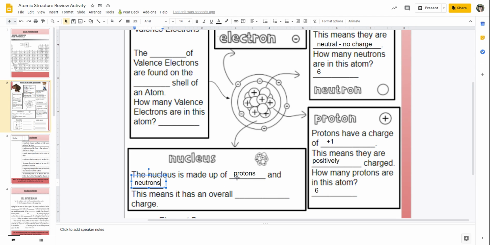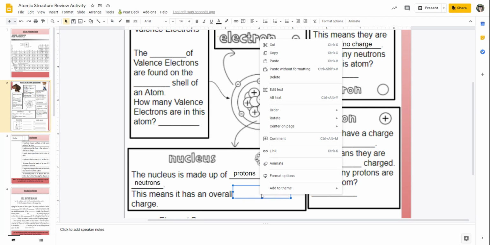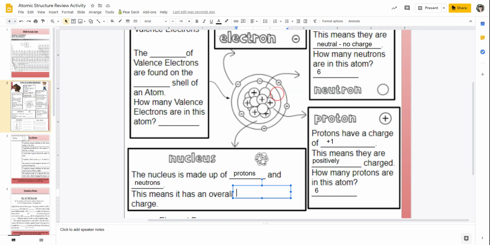The protons have a positive charge. The neutrons have a neutral charge, which means none. Since there's no charge on the neutrons, the charge of the nucleus is basically based on the charge of the protons, which means it's going to be an overall positive charge.